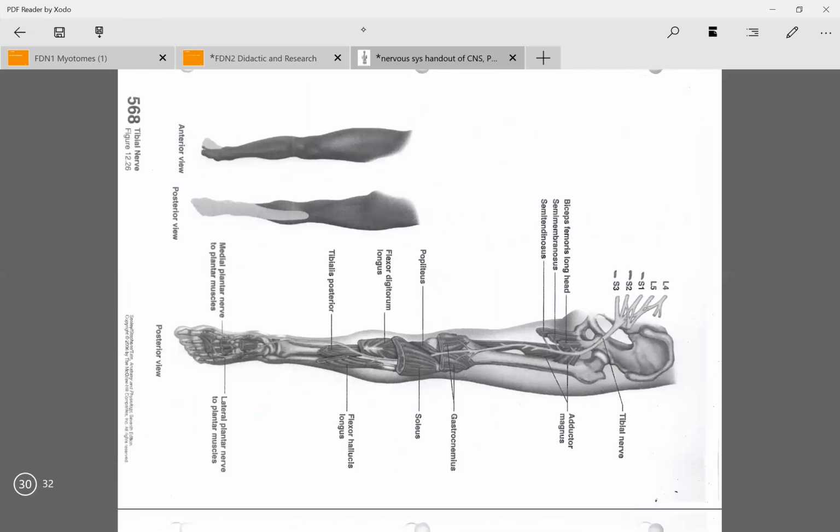All right, tibial nerve. Okay, the tibial nerve runs down pretty much the back of your leg, the posterior aspect of your leg.